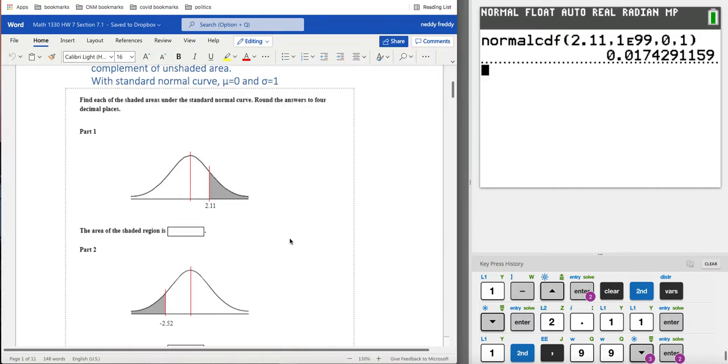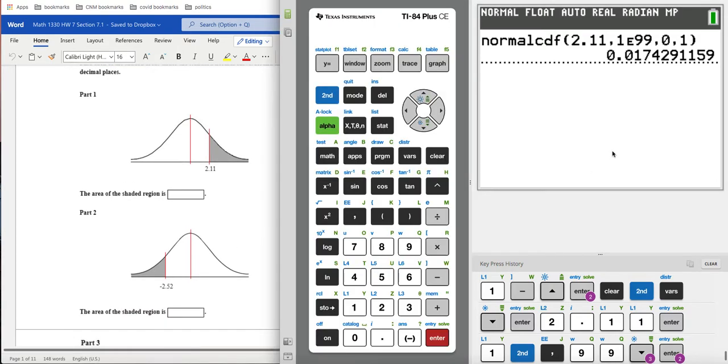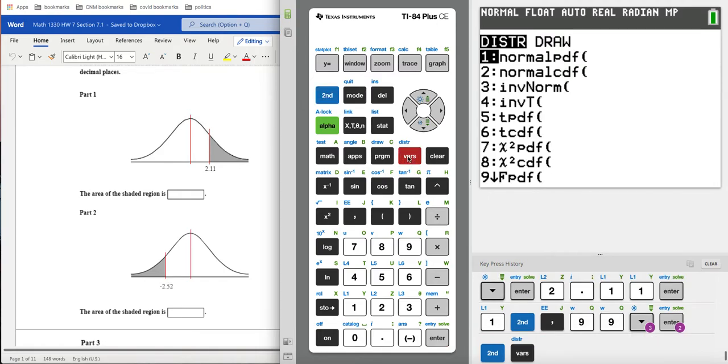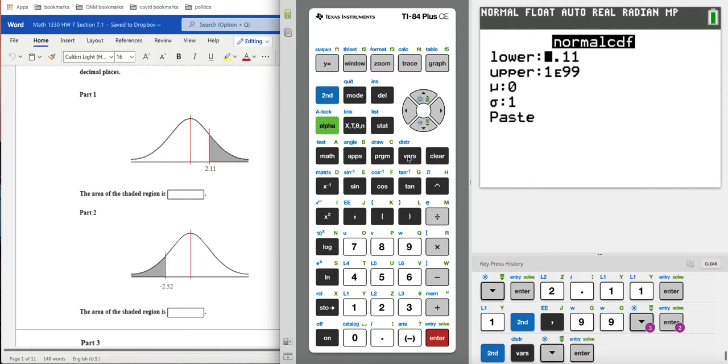Then we've got area to the left. So back to second VARS, normal CDF. Now our lower limit is negative infinity. So we're going to do negative, and this one you have to enter this negative sign here. If you enter the subtraction symbol, the whole thing won't work. You'll always get an error.